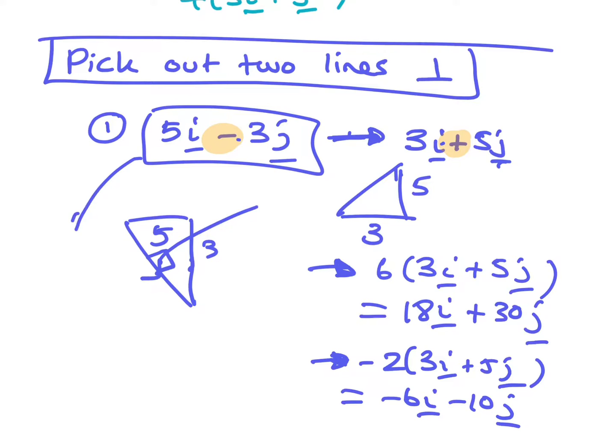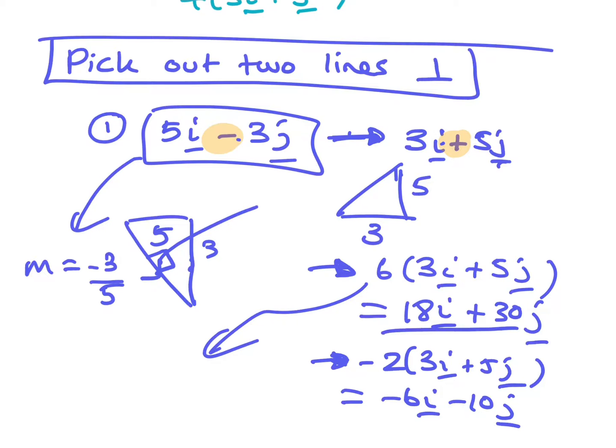Like if you were looking at this one here, the y value is 3, the x value is 5. So the gradient is 3 on 5. Now if you look at any of these ones here, even in the form where it's the 18 and the 30, the gradient would be 30 on 18.